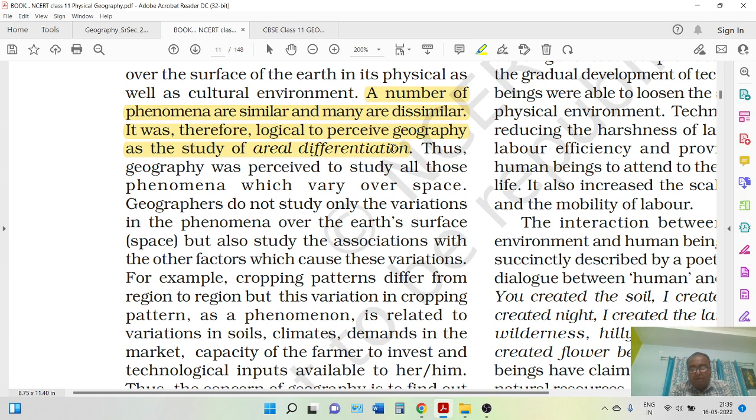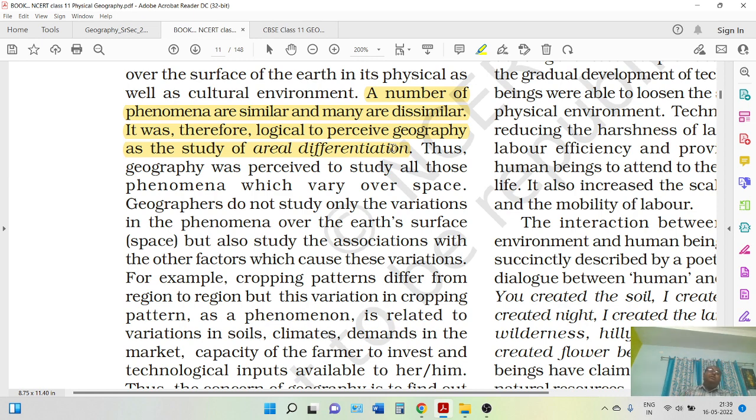So in geography particularly, we will understand what the different types of areal differentiation are and how to analyze it logically. Next, we will understand the relation between man and nature. I have told you that man influences nature by cutting trees and so on. Deglaciation is taking place, glaciers are melting, we all know climate change is going on because of human interference. Man changes the environment, and nature also changes man.